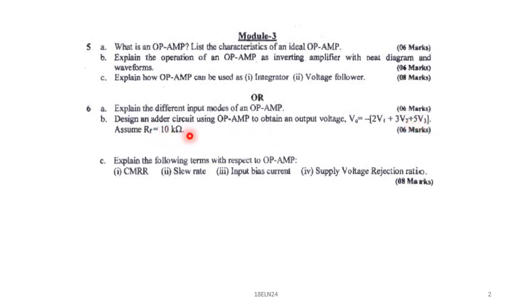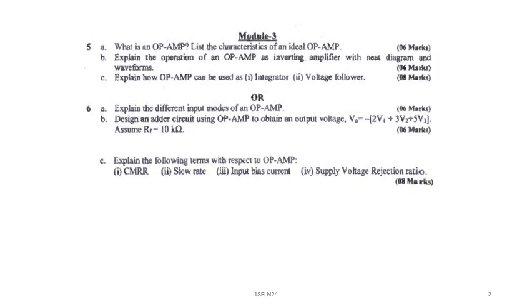Assume RF is equal to 10 kilo ohm. This is asked for 6 marks. And 6c, explain the following terms with respect to op-amp: CMRR, slew rate, input bias current, supply voltage rejection ratio. That was asked for 8 marks. These are the questions related to Module 3.